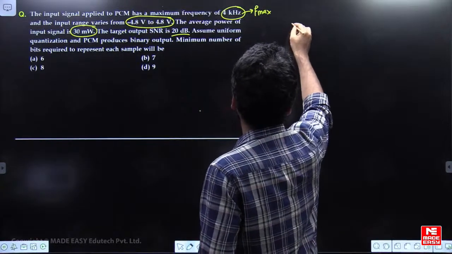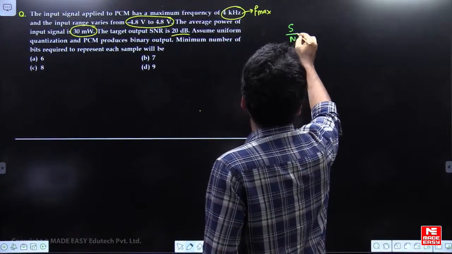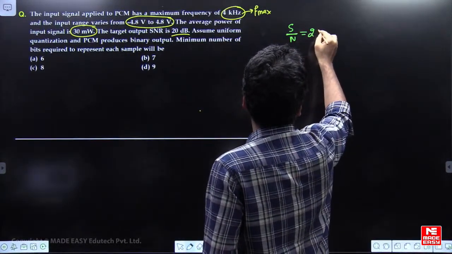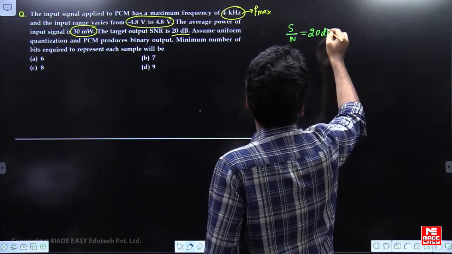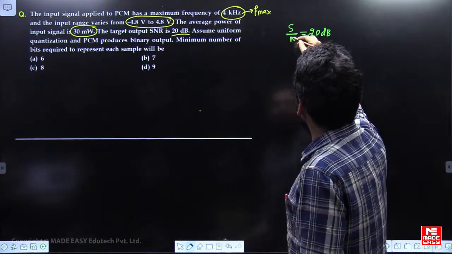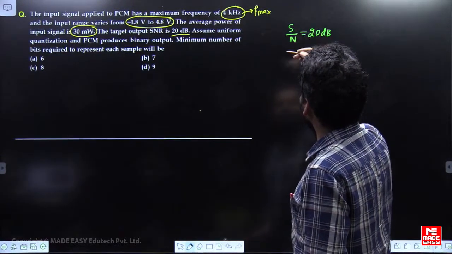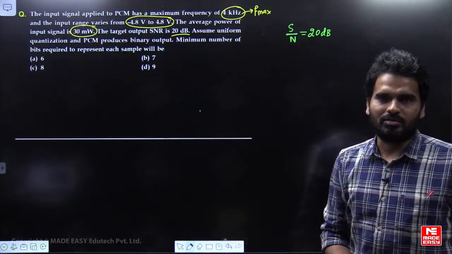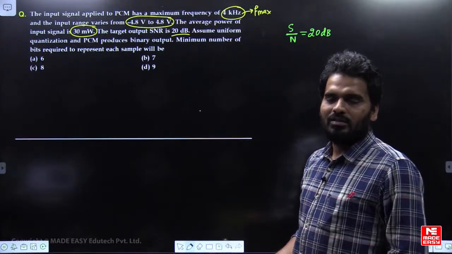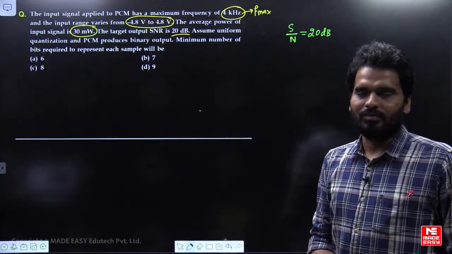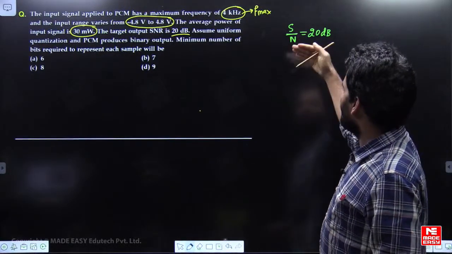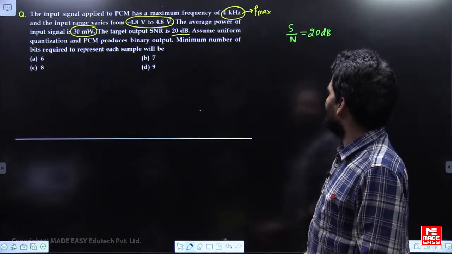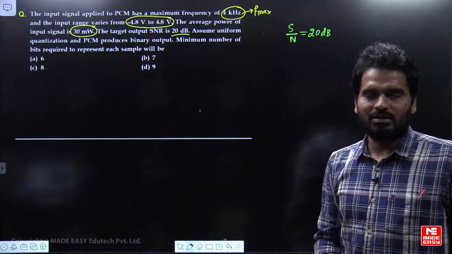So S by N required is 20 dB. Here S by N means signal to quantization noise power ratio.